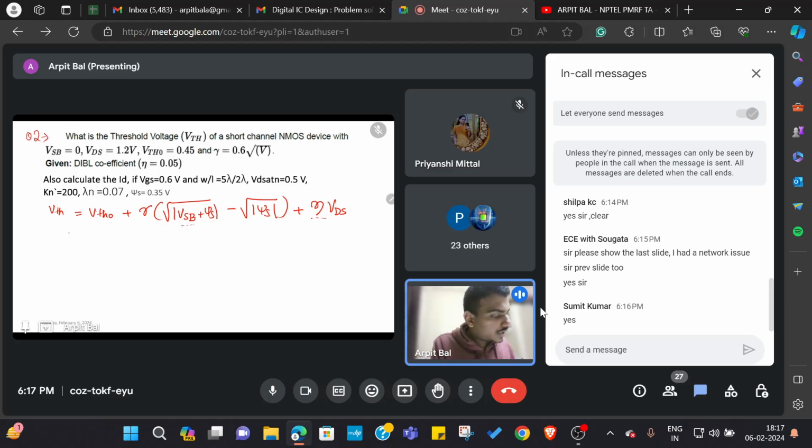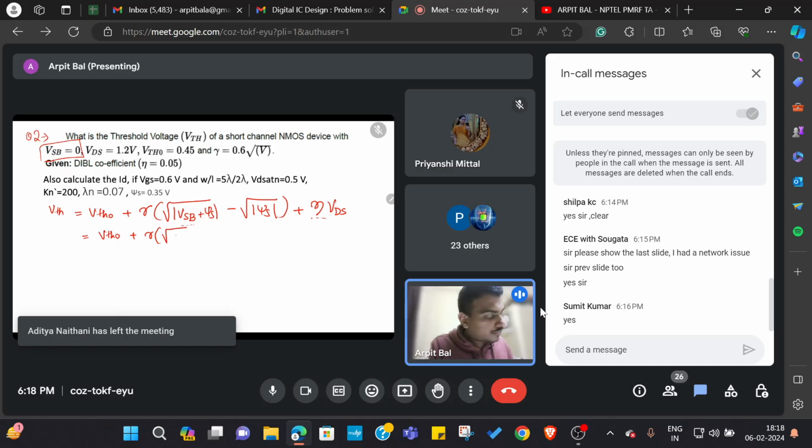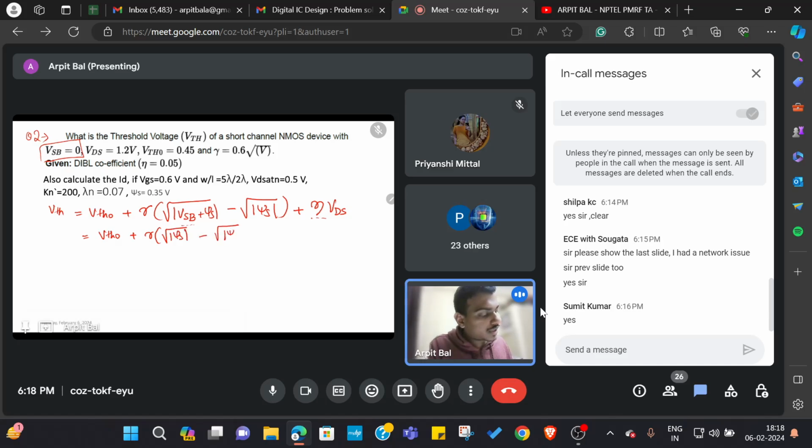So VSB is given to us as 0. Okay, so we can write it like this: VTH naught plus gamma times square root of mod psi s minus square root of mod psi s, plus eta VDS. This is 0 because we have VSB equal to 0. This implies we have VTH naught plus eta VDS.